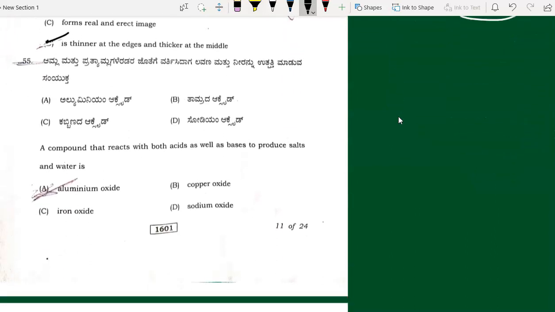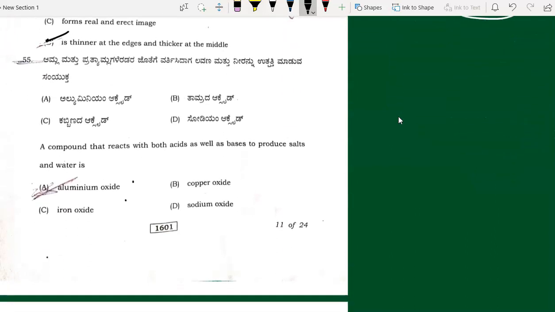Next, the compound that reacts with both acid as well as bases to produce salt and water. Yes, it's none other than aluminium oxide. Why?